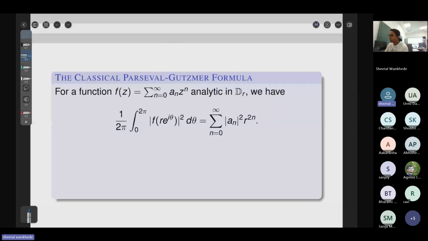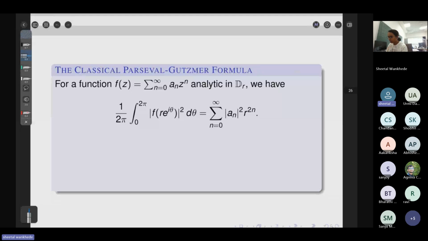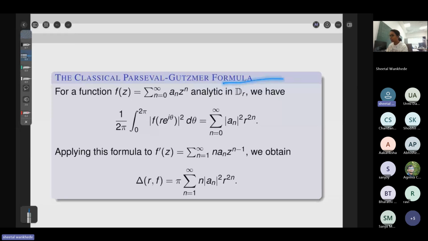Next, my aim is to show the classical Parseval's Gutzmer formula. This is also called the area theorem. We already saw in the introduction that Δ_r f denotes the area of the range of the function f on the disk of radius r. Here we can find the area in terms of the Taylor coefficients of the function f of z.